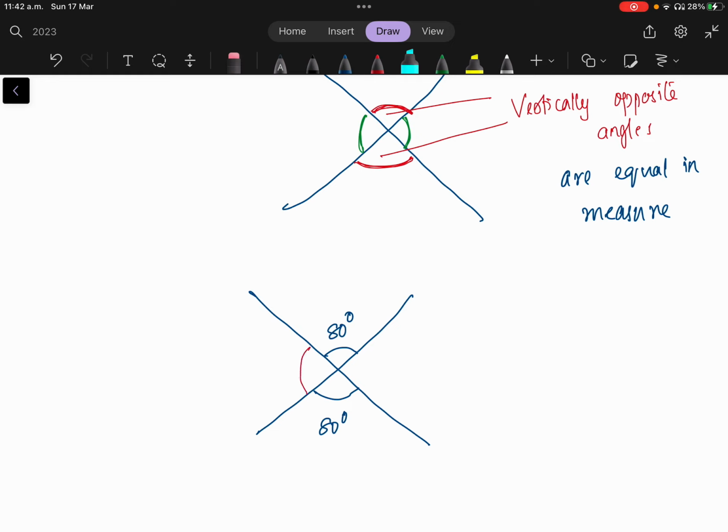To find that, this total angle is 180 degrees, because you have this line which I am drawing now. So the red one will be 180 minus 80, which is equal to 100 degrees. Since this is 100 degrees, this will automatically become 100 degrees.